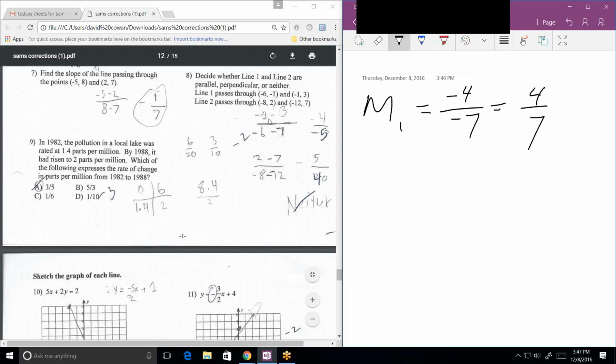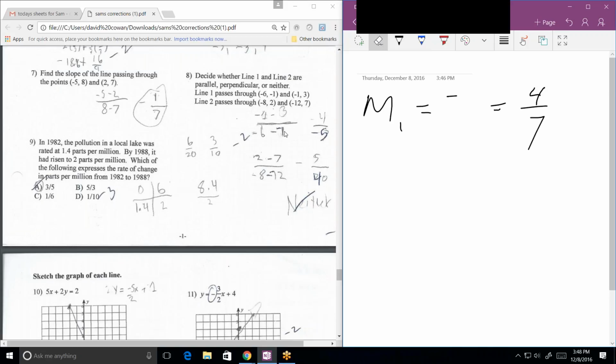Looks to me like she misinterpreted what you were doing. In other words, you actually wrote it correctly: -1 minus 3 divided by -6 minus 1. No, not quite. You didn't. Okay. Here, I made a mistake when I looked at it.